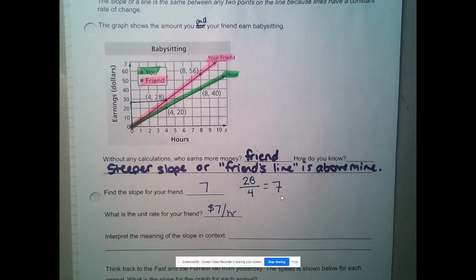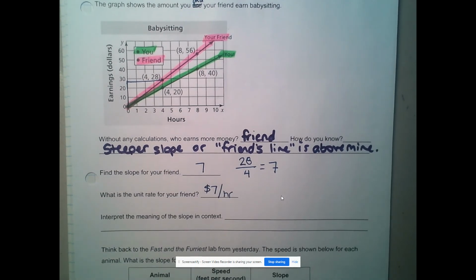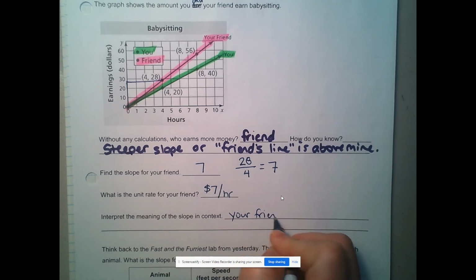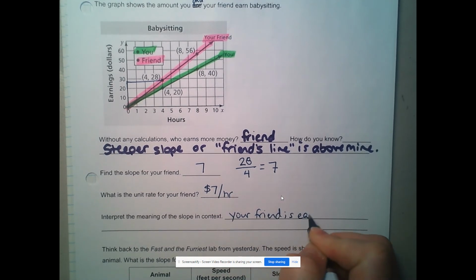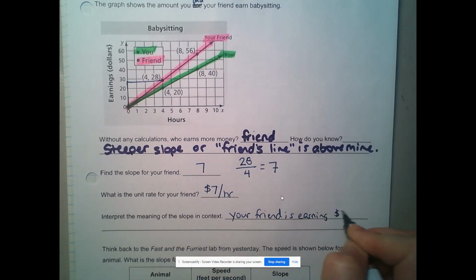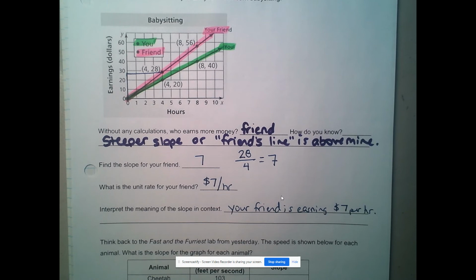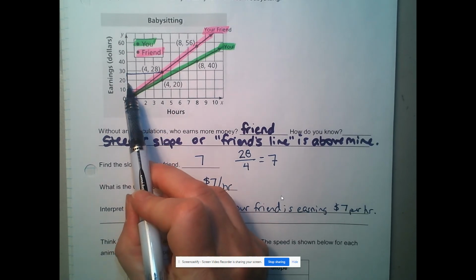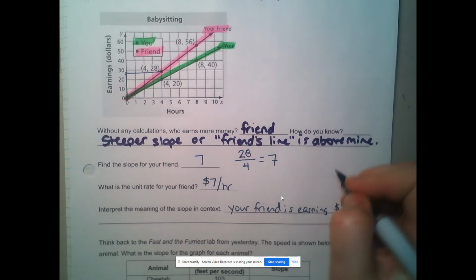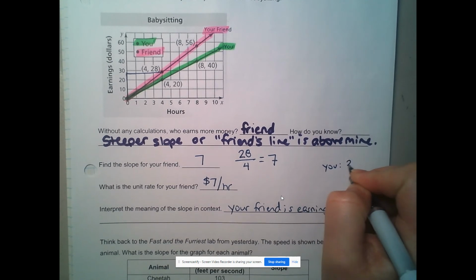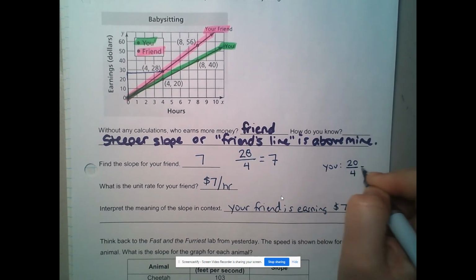Interpret the meaning of the slope in context. And that's all that we're really saying. Your friend is earning $7 per hour. Now, how about you? What are you earning? If I go up 20 over 4, you earned $20 every 4 hours, or 5.